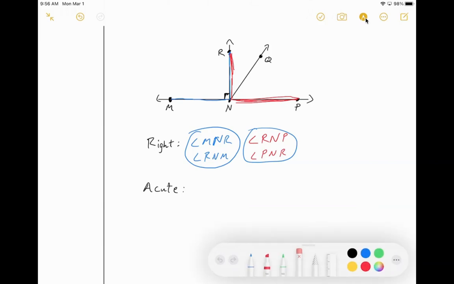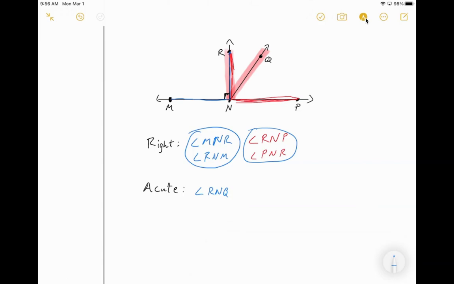The acute angles that we see, I'll highlight them, are R and Q. If you guys can see that one. And if you have Q and R, that's totally fine. And the other acute angle that you might see is QNP.